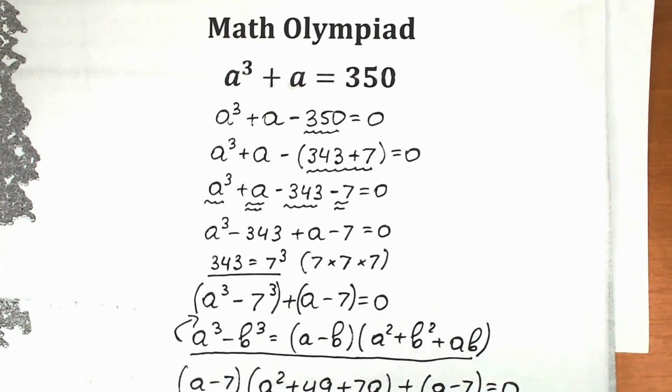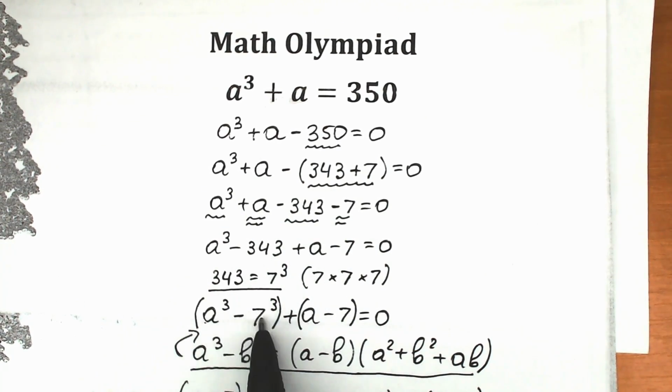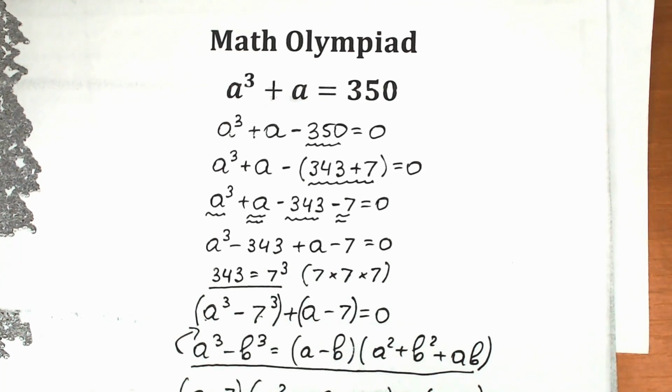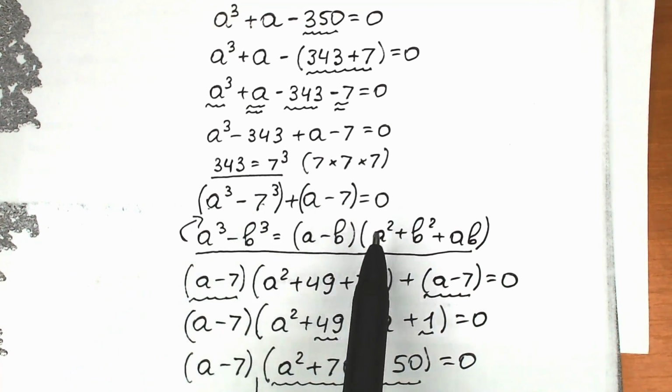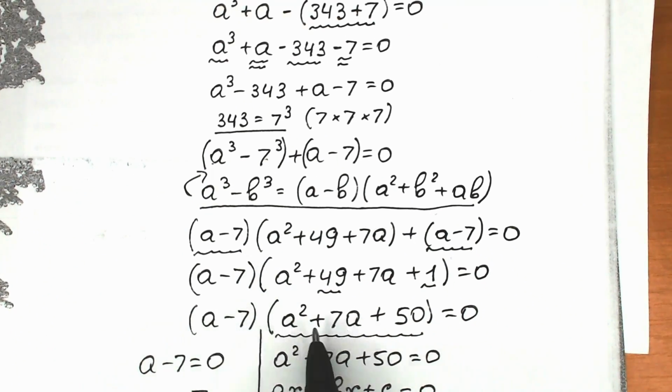First of all, this trick will help us a lot, because right now we can write it as a difference of cubes. It helps us to write this 343 as 7 cubed. Next step, the cubic formula, and we can easily factor our challenge as a product of 2 parentheses.